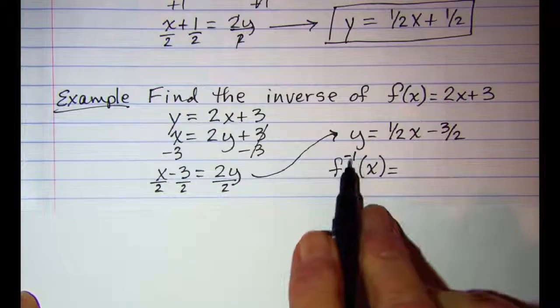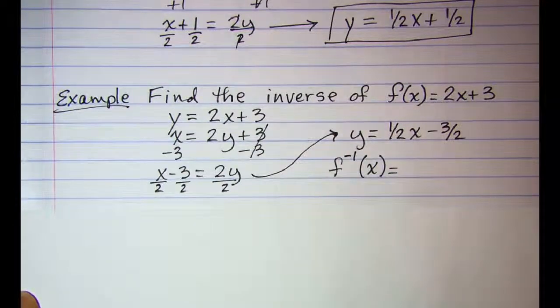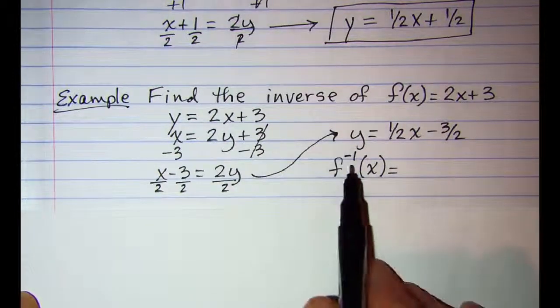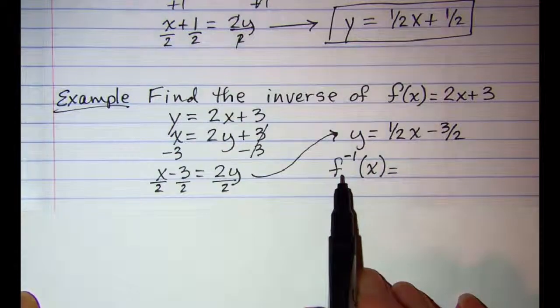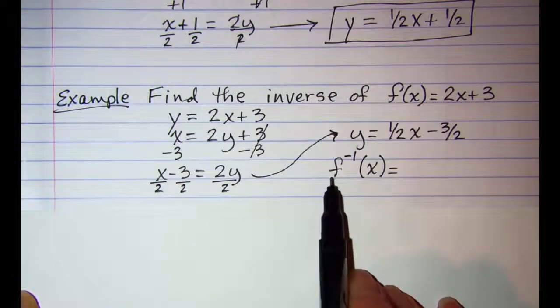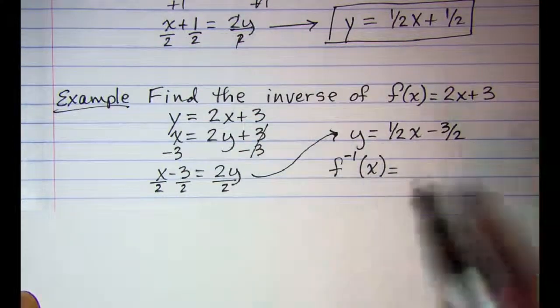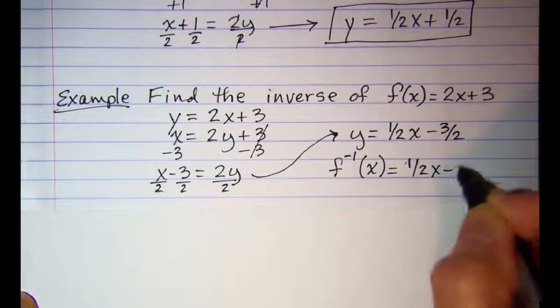This looks like an exponent of -1, but it's not. Whenever you see function notation and the -1 superscript is written like this, you automatically know that this is your inverse notation. So f inverse of x equals 1/2 x minus 3/2.